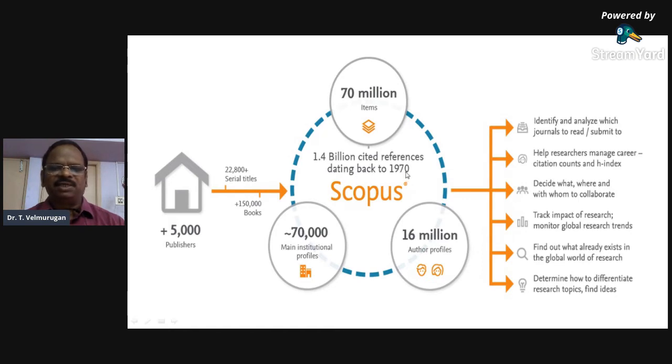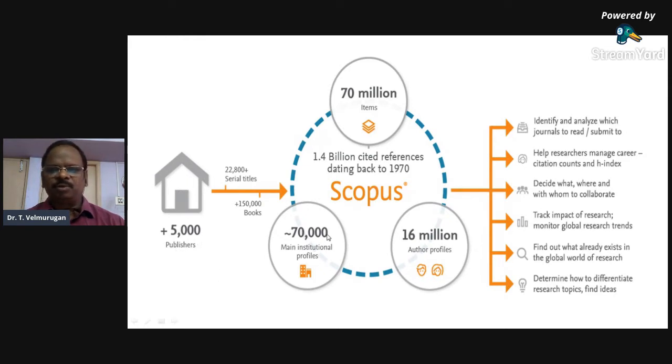After 1970, the Scopus database collects and stores all the scholarly articles produced. 5,000 publishers are using the Scopus database.